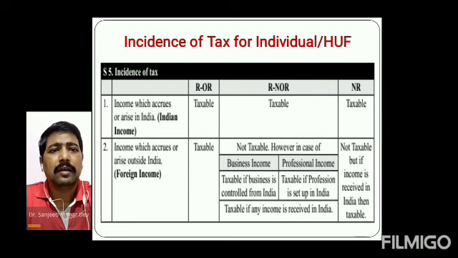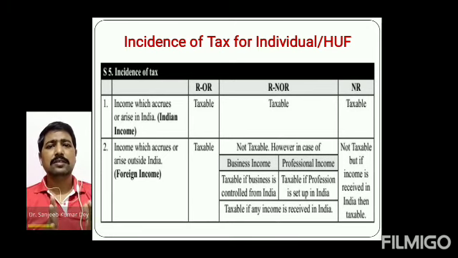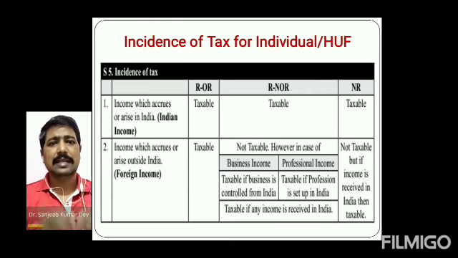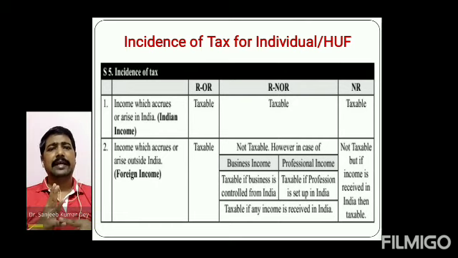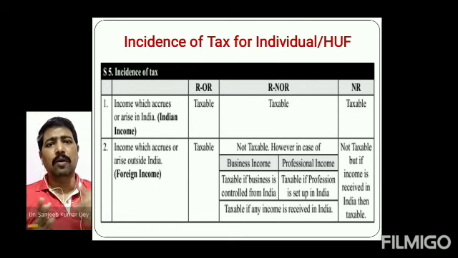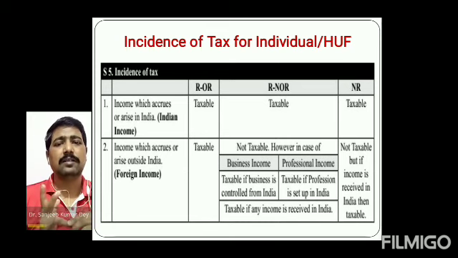And if not ordinarily resident and having foreign income, then also it is not taxable except in two cases. Again I am repeating, in case of Indian income, it is taxable in the hands of all types of assessee, whether resident, ordinarily resident, not ordinarily resident, or non-resident. But foreign income is only taxable in the hands of an ordinarily resident, and it is not taxable in the hands of a non-resident.